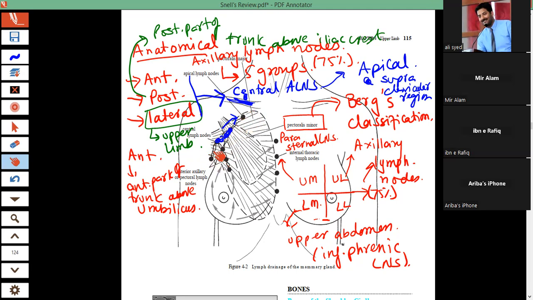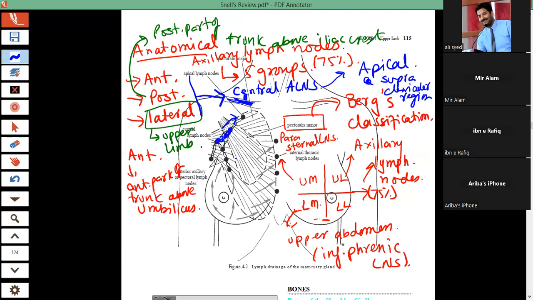So to make it easy, surgeons make their own classification known as Berg's classification. And that Berg's classification depends upon this pectoralis minor muscle. This is your pectoralis minor muscle. And in relation to the pectoralis minor muscle, now you are going to divide the lymph nodes.